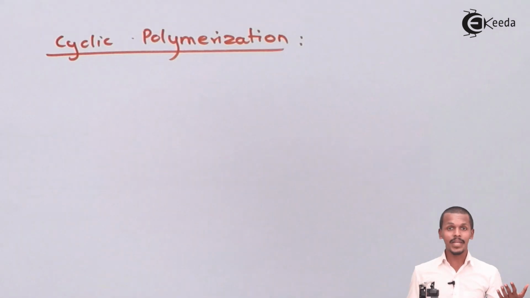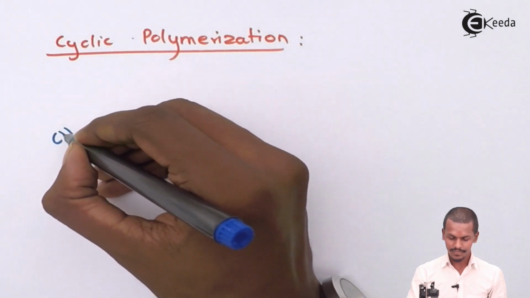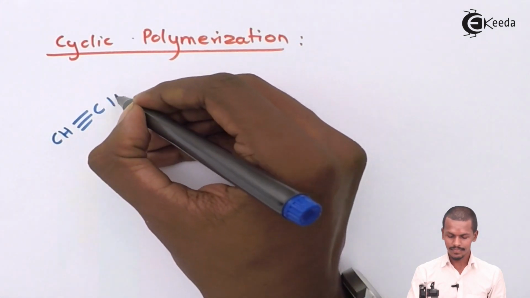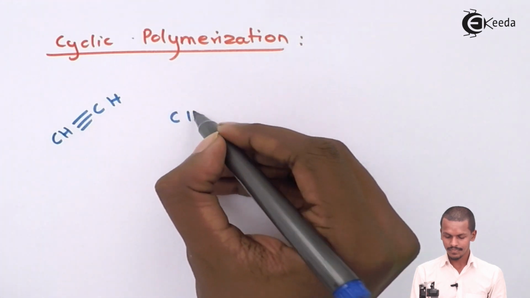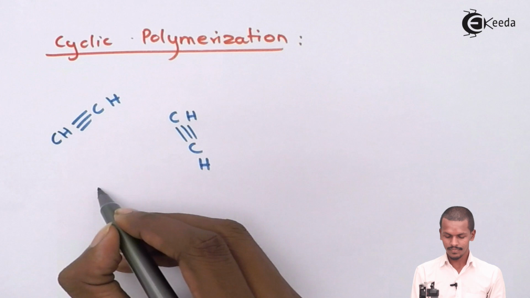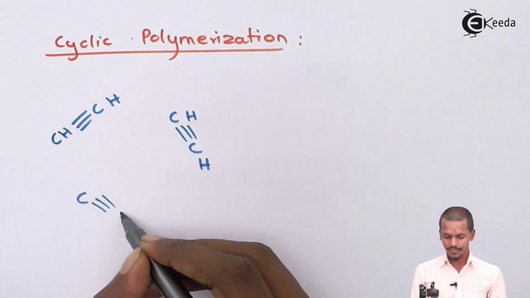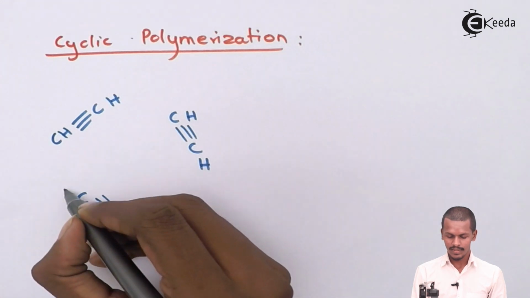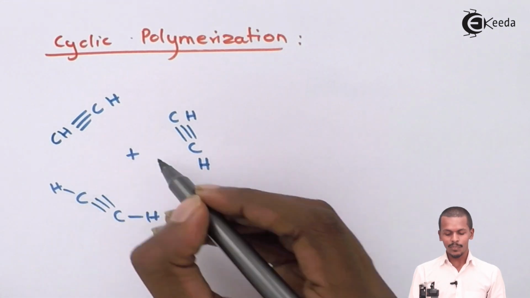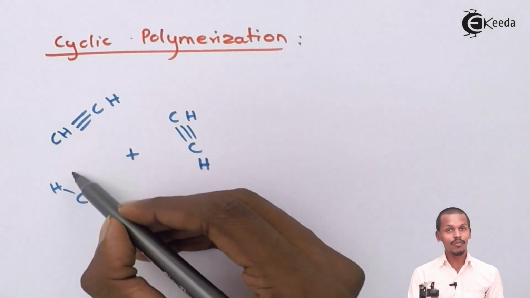So now the reaction would be represented in this manner, where I'm going to use three ethyne molecules in such a way that the polymerization takes place by the bond breaking, and a bond would be formed over here.